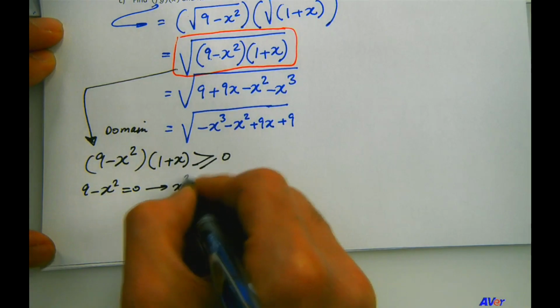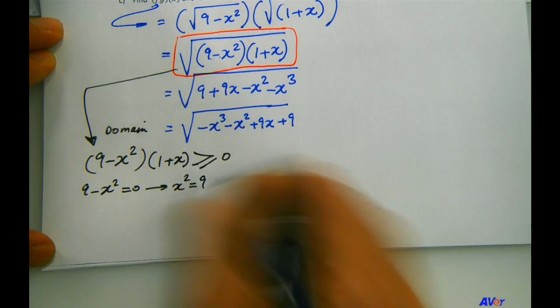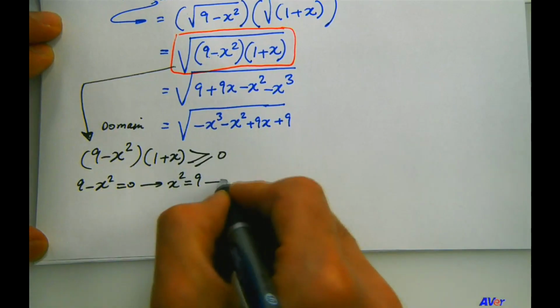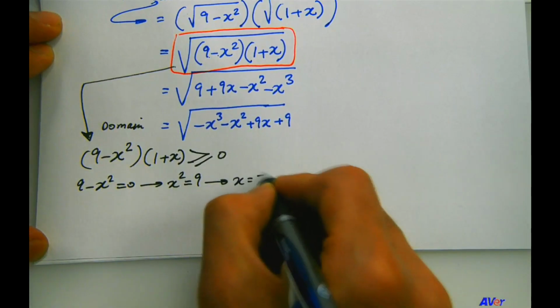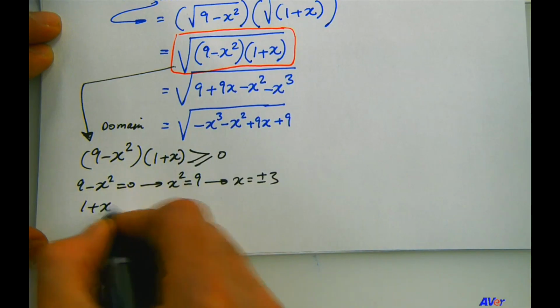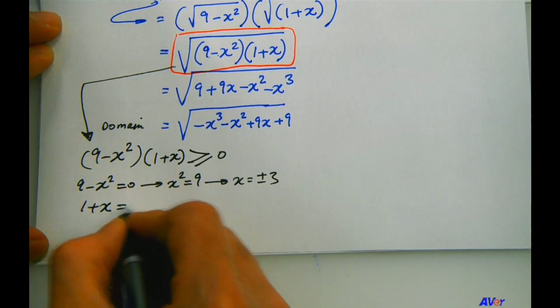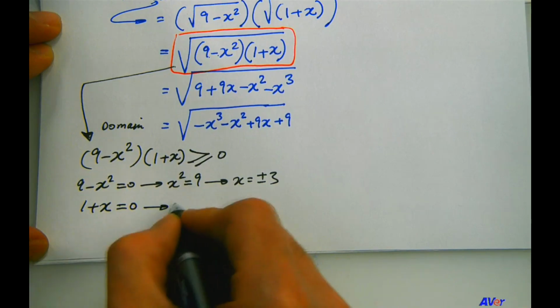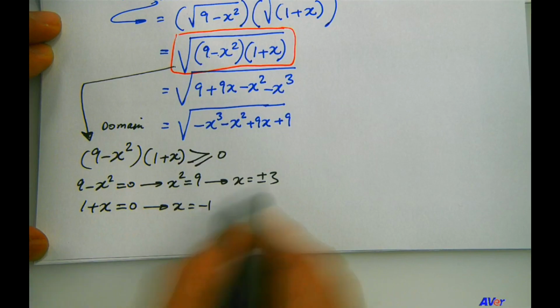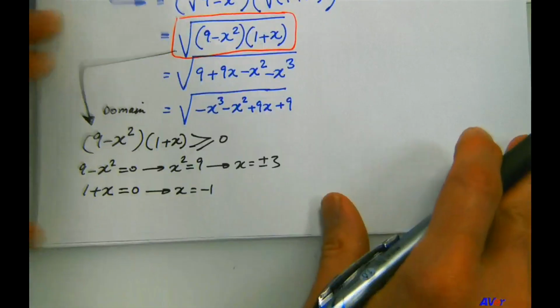So that means x squared equals 9, or x equals plus or minus 3. And then we have 1 plus x equals 0. So x equals -1. So these are our boundary solutions.